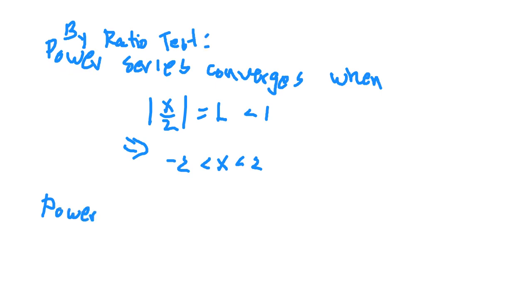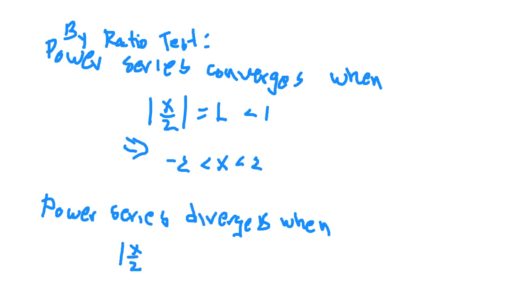Now, similarly, the power series will diverge when the absolute value of x over 2, which is L, is greater than 1. So with the ratio test, you deal with the limit of a common ratio.